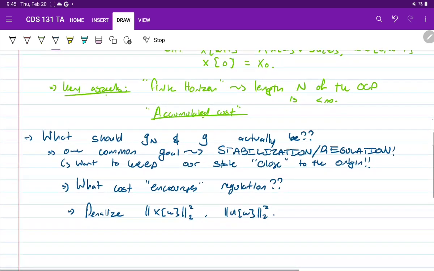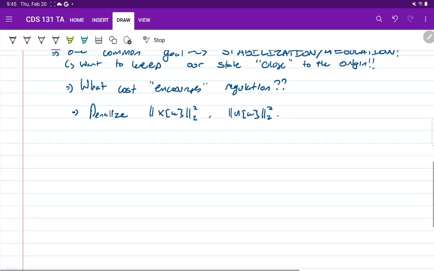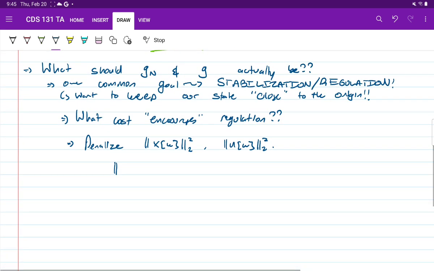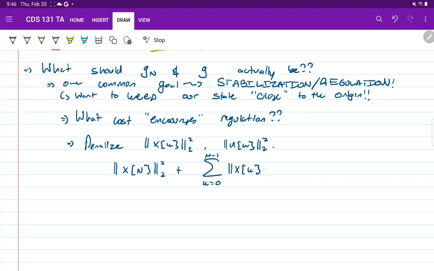So if we go ahead and do this, what might a nice form for our cost function be? Well, something that's kind of natural if we want to perform this regulation problem while at the same time keeping our input small. Maybe we want to minimize the 2 norm squared of xn, plus the sum going from k equals 0 up until n minus 1 of the 2 norm squared of x at time step k, plus the 2 norm squared of u at time step k.